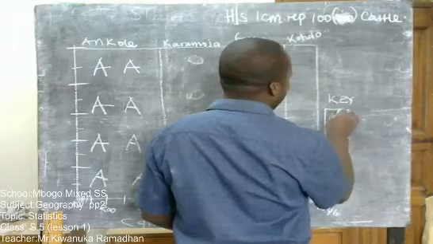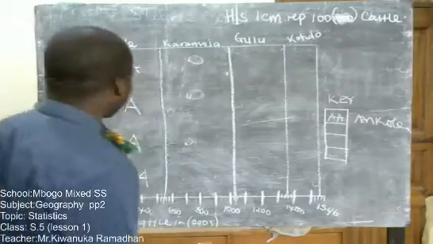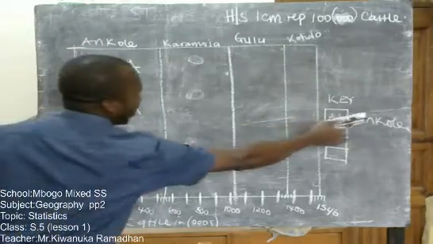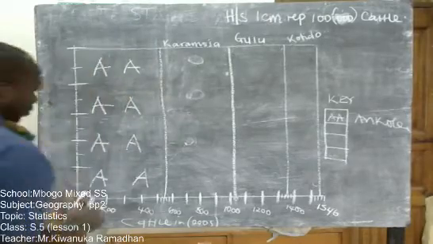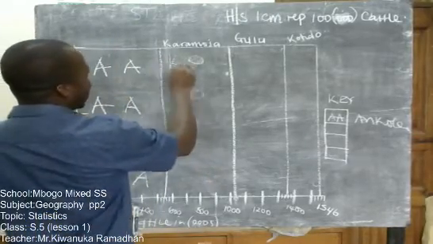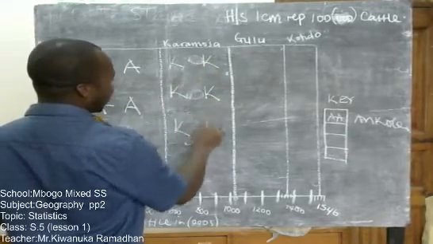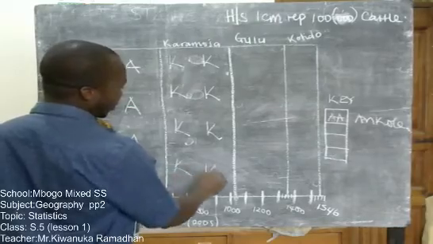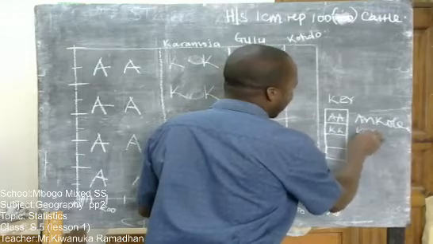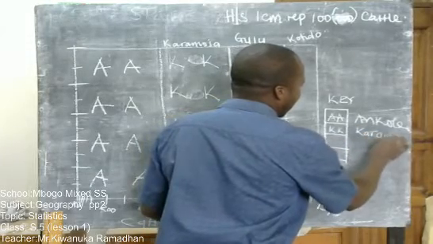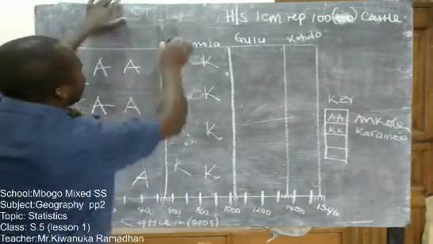Where you see AA, that is, for example, Ankole. And if you have come up with a key, there is no need of labeling up. Then you may say that the shading pattern I am using is letter K. Then you come onto your key. You say that where you see K, that is Kalamoja.